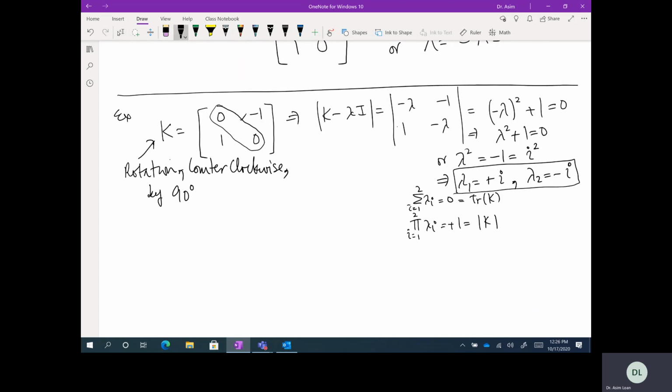Let's see what the corresponding eigenvectors are. If lambda 1 is equal to plus i, this implies K minus lambda 1 I equals minus i, minus 1, 1, and minus i.